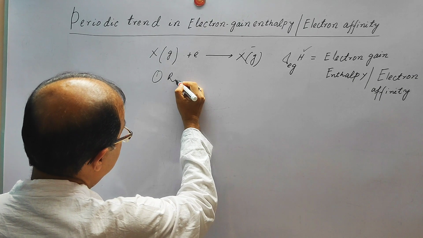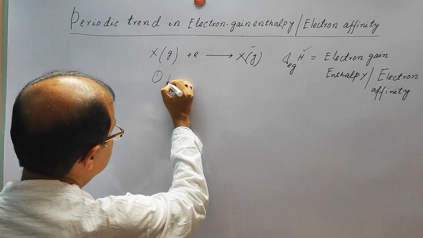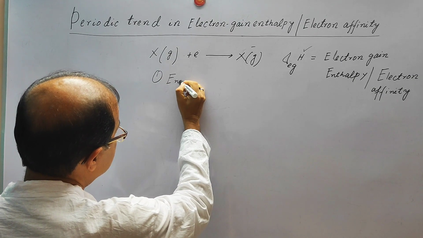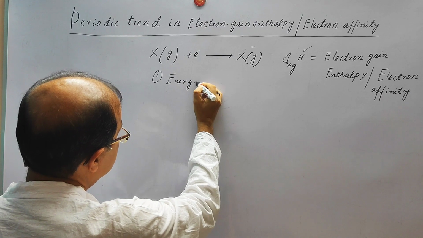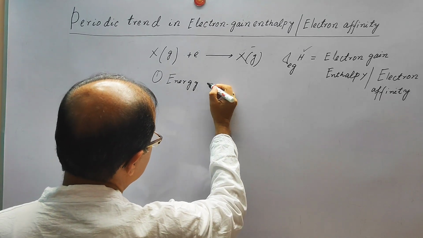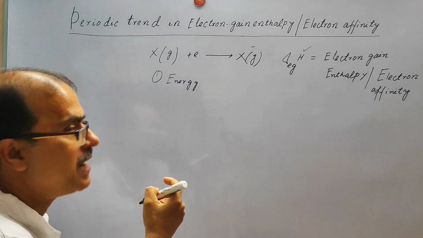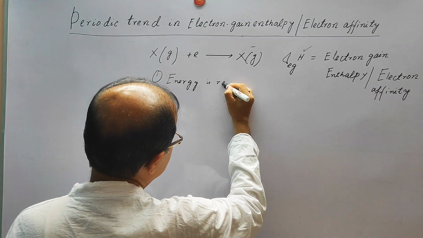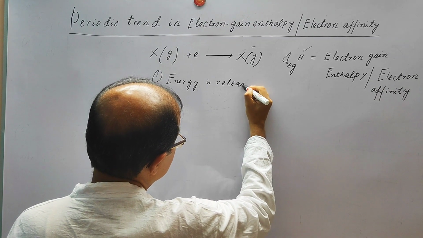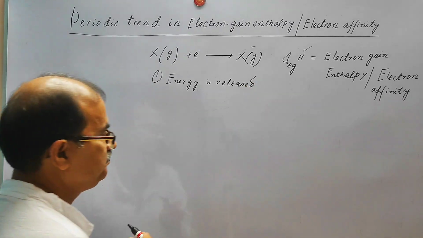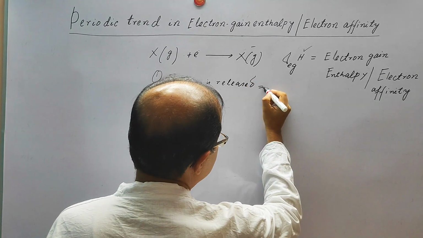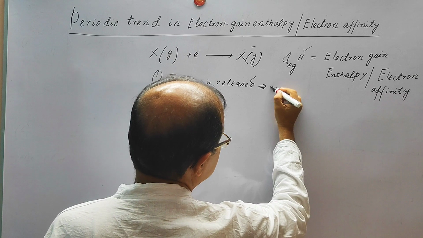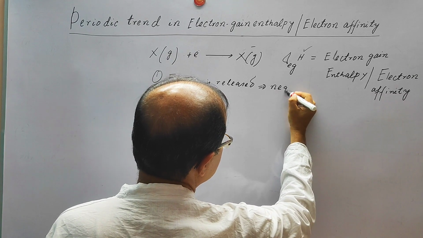So in the reaction when energy is released, suppose this is a reaction where the electron has been put in the neutral atom and the energy is released, then we can say it is having the negative electron gain enthalpy.